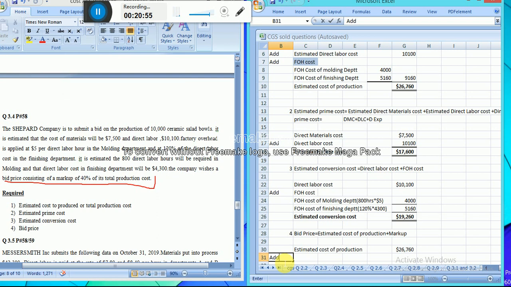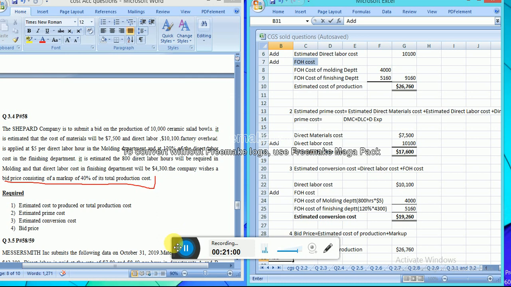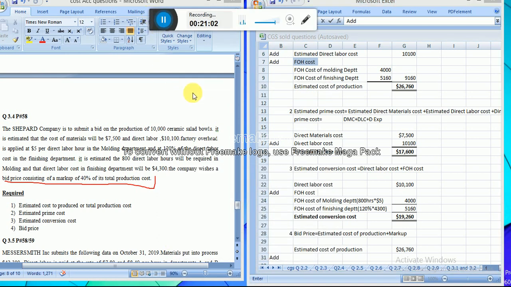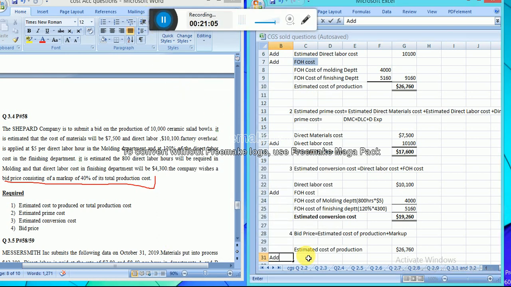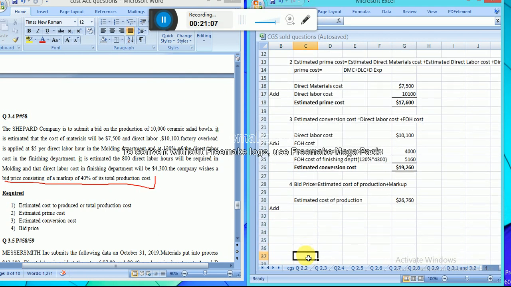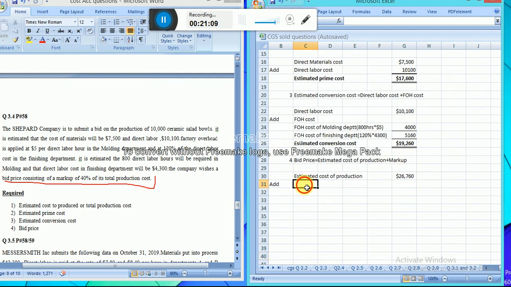So the expenses plus the profit margin, that is the markup. So now we will add the markup, and the markup is 40%.